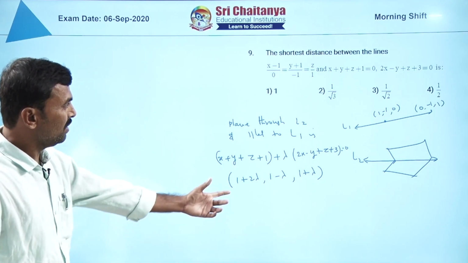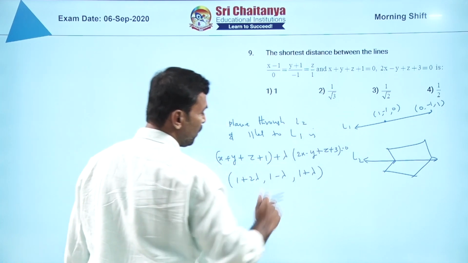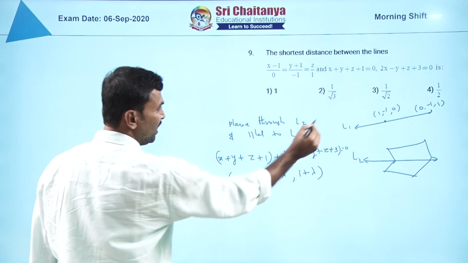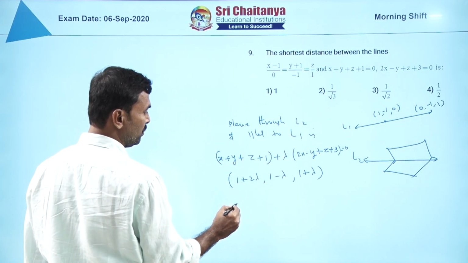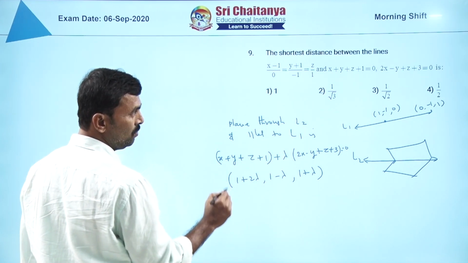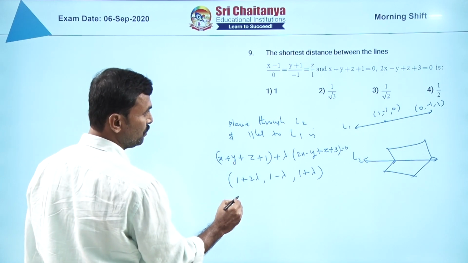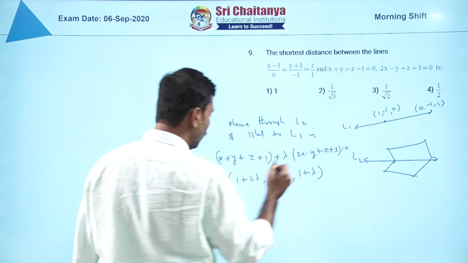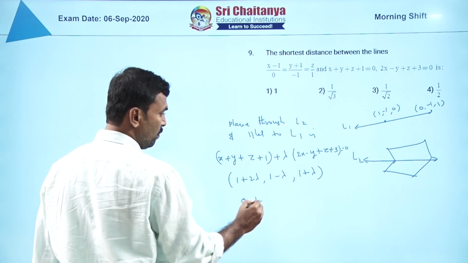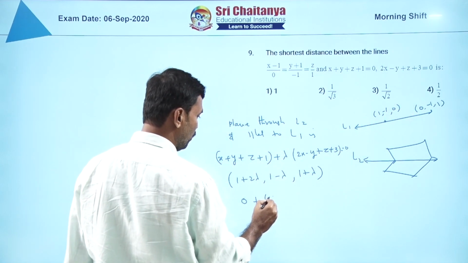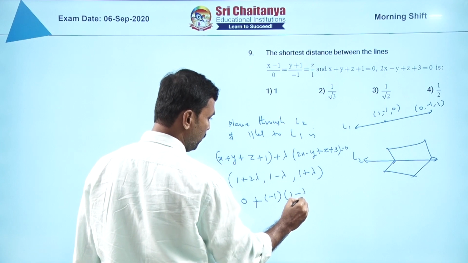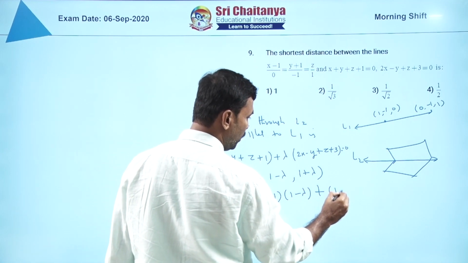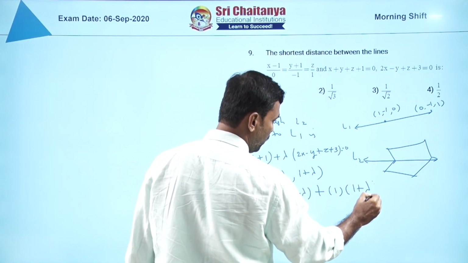So, I am using that when a line and a plane are parallel, the condition is a1 a2 plus b1 b2 plus c1 c2 is equal to 0. Therefore, 0 into (1 plus 2 lambda) plus minus 1 into (1 minus lambda) plus 1 into (1 plus lambda) is equal to 0.